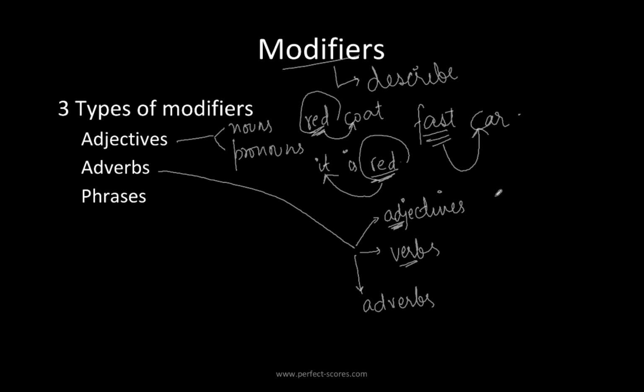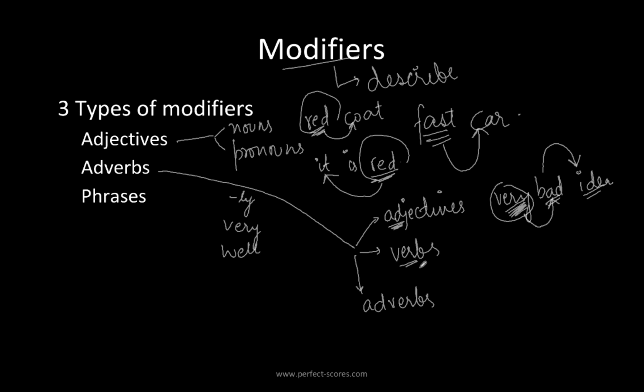If I say, this is a very bad idea. Now, idea is a noun which is getting modified by the adjective bad. Bad is the adjective which is actually getting modified by this adverb, which is very. So very is an adverb that modifies the adjective bad. Lots of adverbs end with ly, but there are some exceptions like very and well.